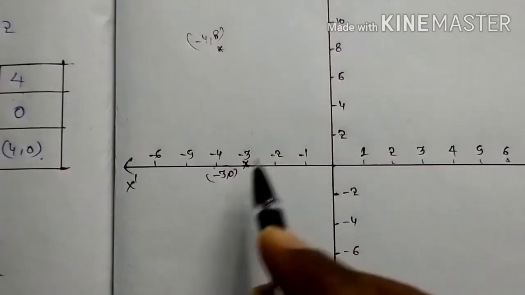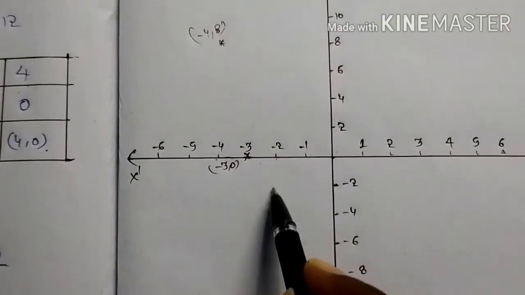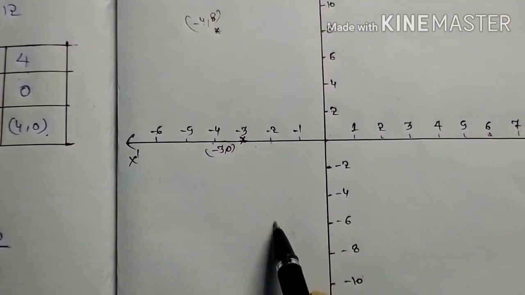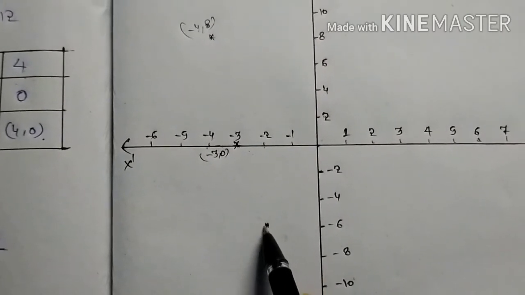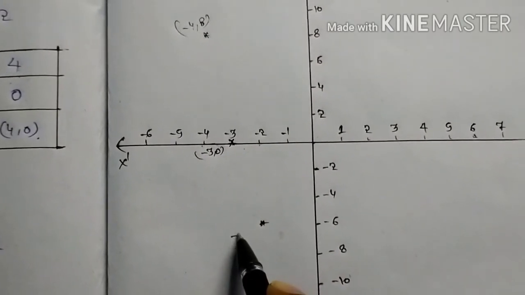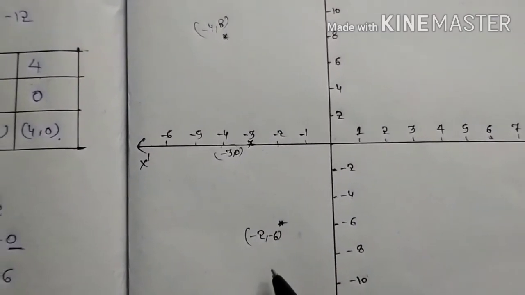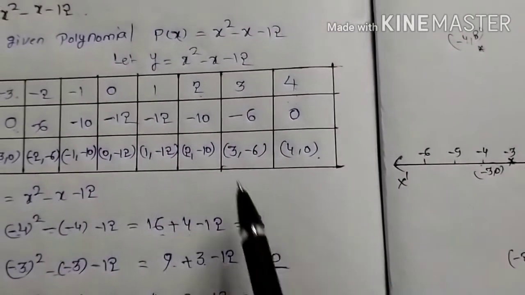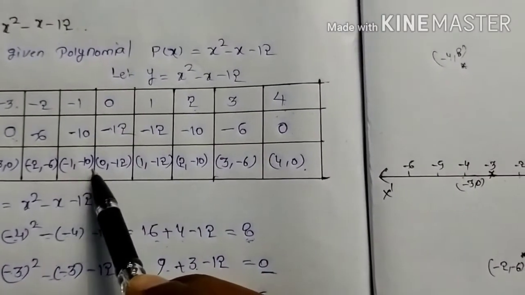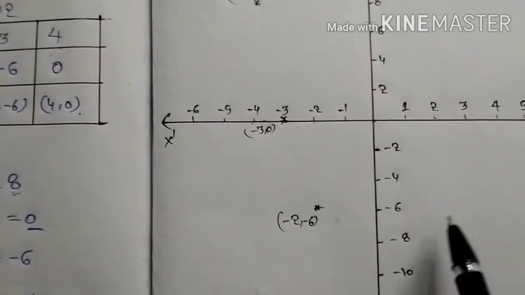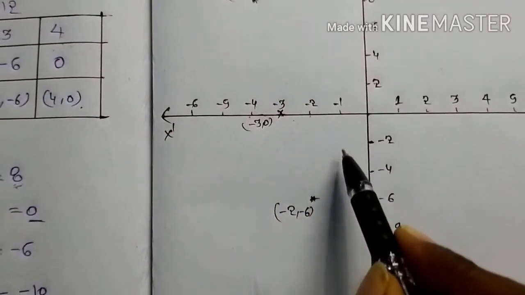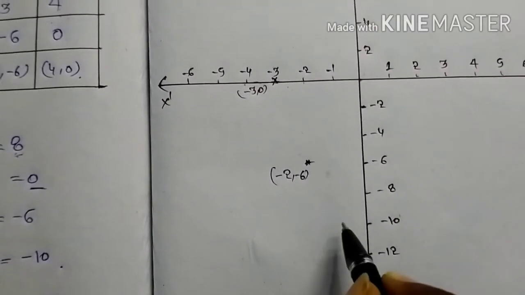Here see -2 comma -6. That means you can plot here -2 comma -6. Next point, see here -1 comma -10, that means you can consider here exactly.